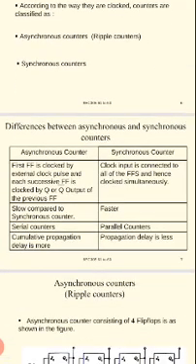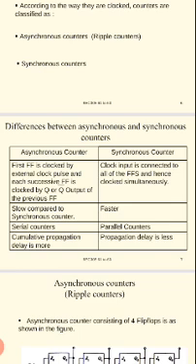So this is the difference between synchronous and asynchronous counters. If clock is applied to all flip-flops at a time, that is called a synchronous counter.